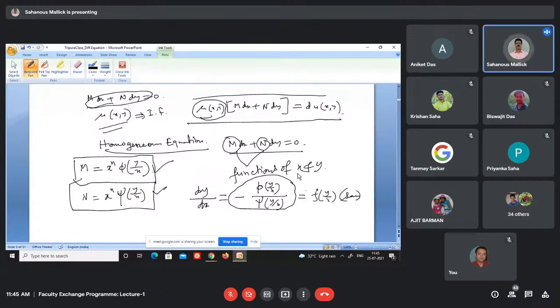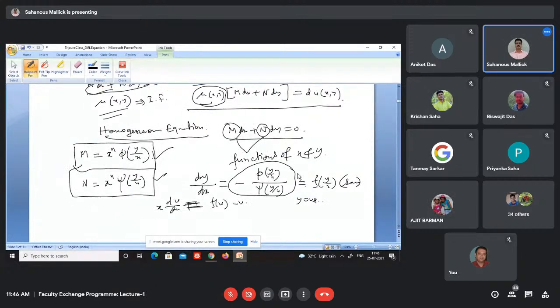Say, if we put y equal to vx, then this equation can be written as x dv by dx equals f of v minus v, or dv by (f(v) minus v) equal to dx by x.